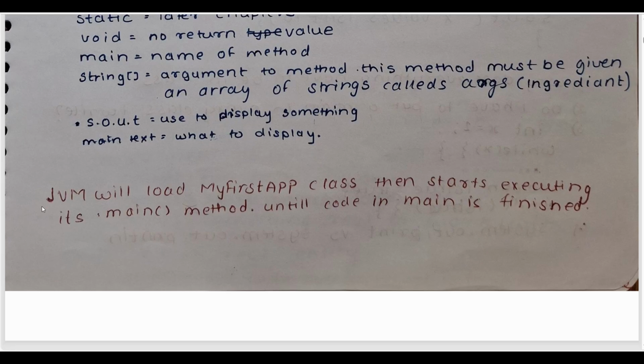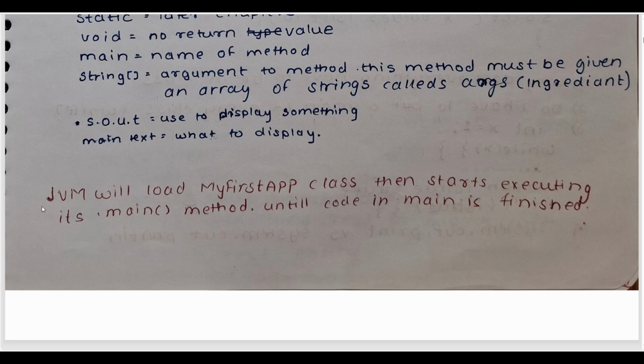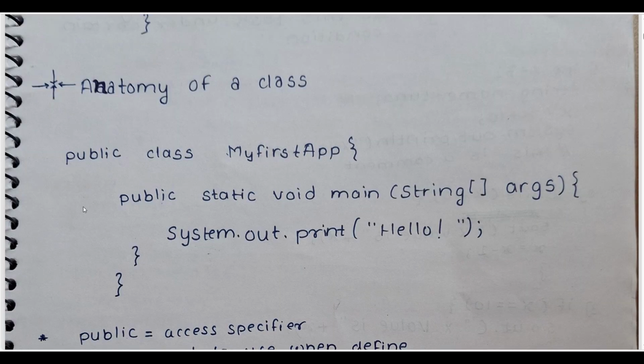JVM will load my first class, then start executing its main method until the code in the main method is finished. And so this is the basic structure of a Java program. Don't worry if everything doesn't make sense right now. As we move forward, these things will become very clear to you.